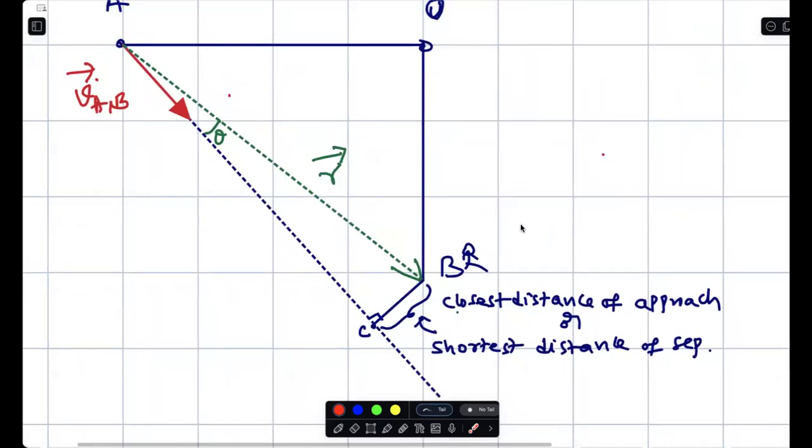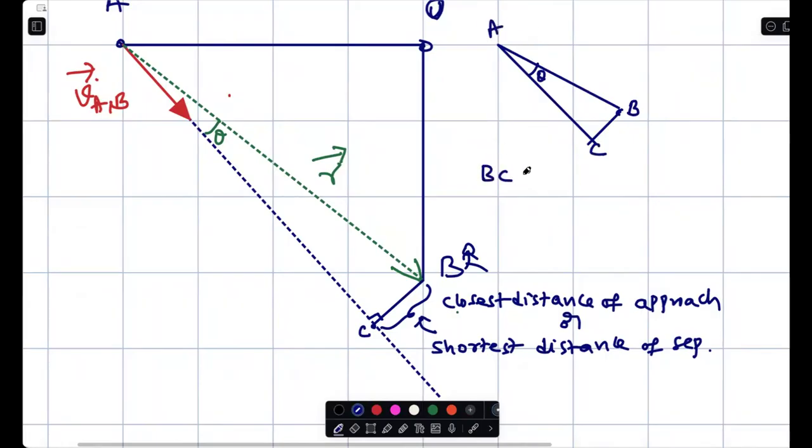Now, what I want is R cos, no, you want R sin theta, right? In this triangle, theta. Right.